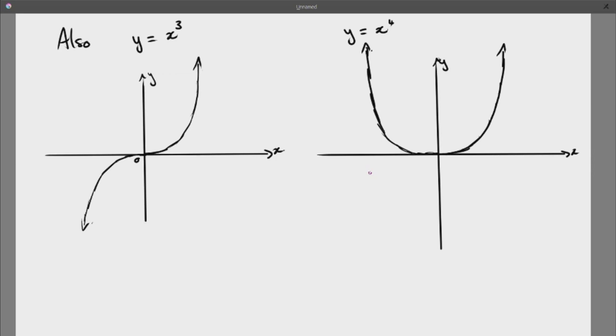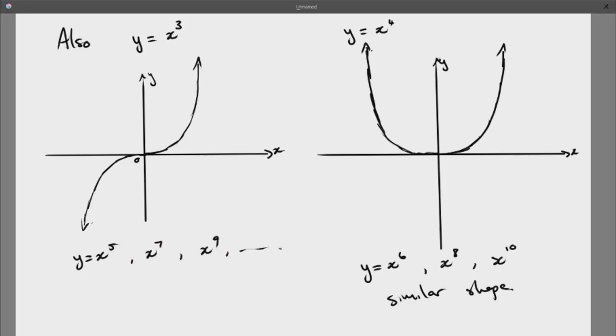And in fact, if you were to draw y equals x to the 6, x to the 8, x to the 10, they're all a very similar shape. And on this side, y equals x to the power of 5, x to the 7, x to the 9, and so on, all have a similar shape to the x cubed graph.